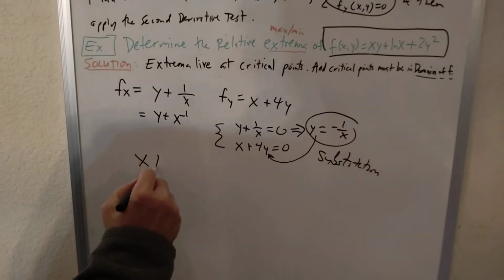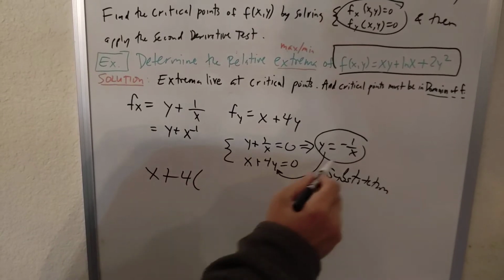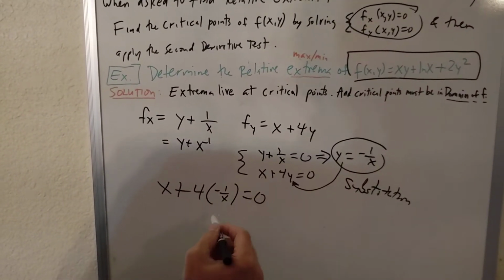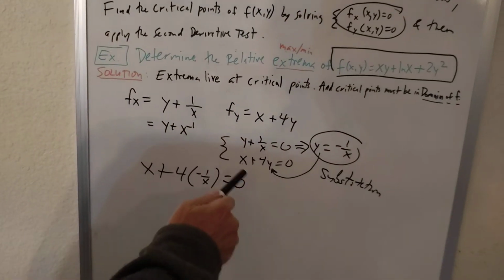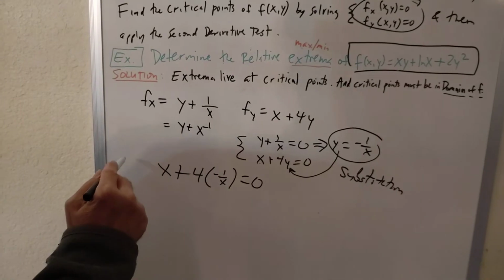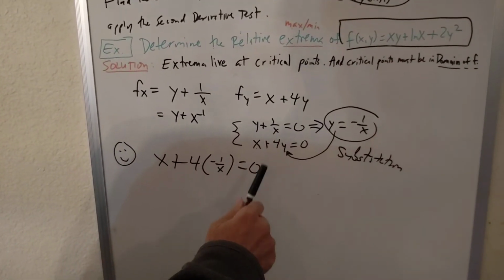I'm going to write x plus, instead of writing 4 times y, write 4 times negative 1 over x equals 0. So the whole point of substitution is to go from 2 equations with 2 unknowns to just 1 equation, 1 unknown. So this is nice. We got 1 equation with 1 unknown.